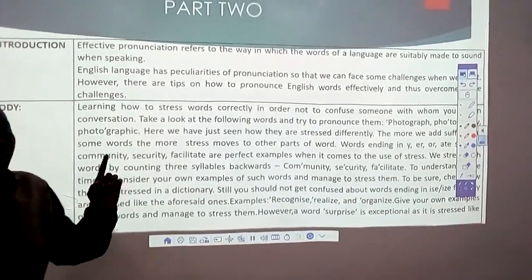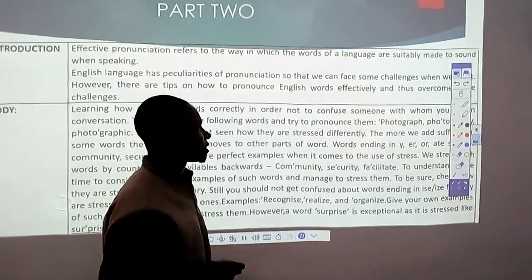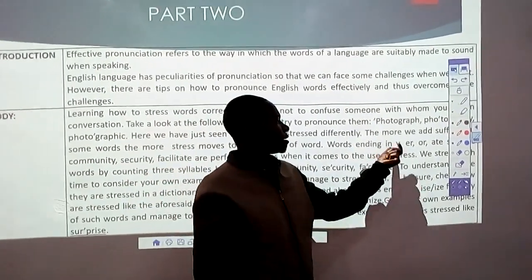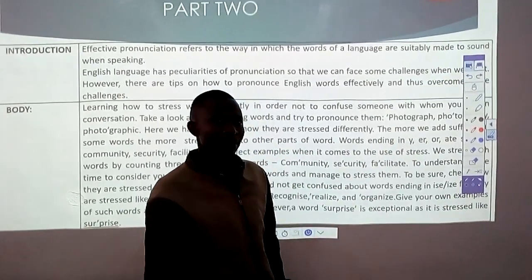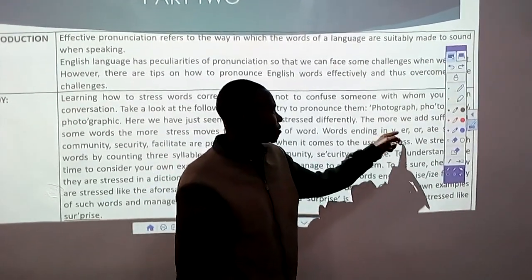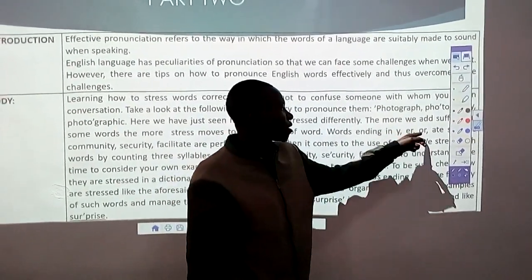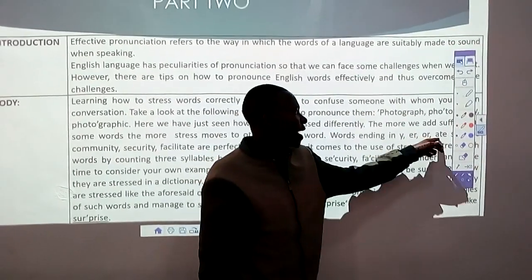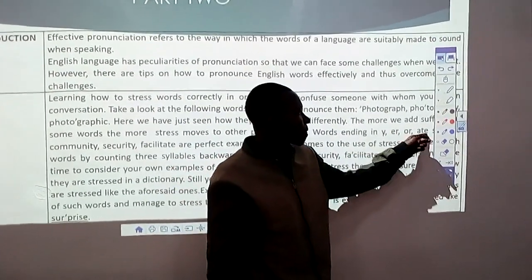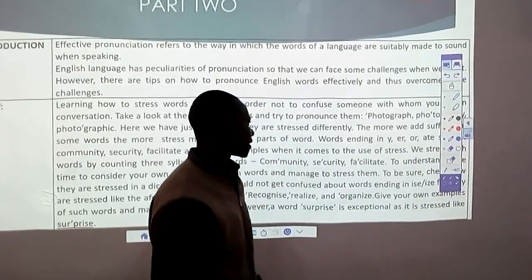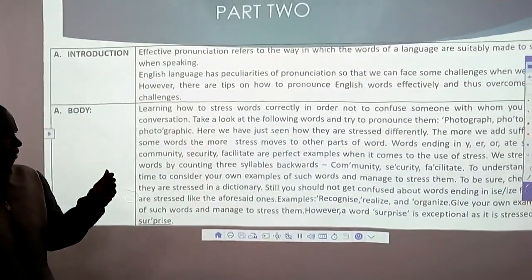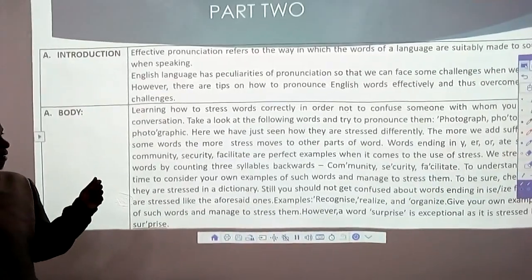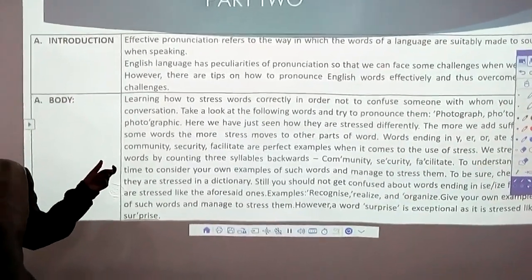Let us go to the words ending in these suffixes, okay? You see y, also you see er, you see ate, words like this.